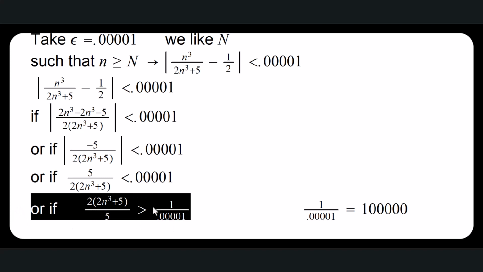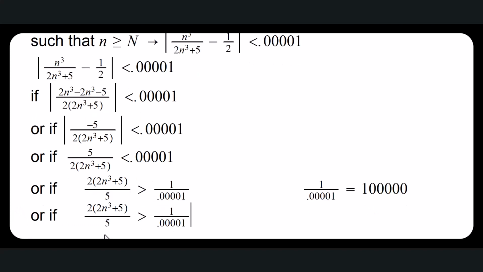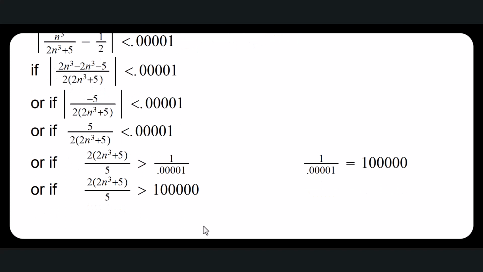So what we get is, if this quantity is greater than 100,000, we can just multiply both sides by 5, and the inequality remains the same because we are multiplying by a positive number.